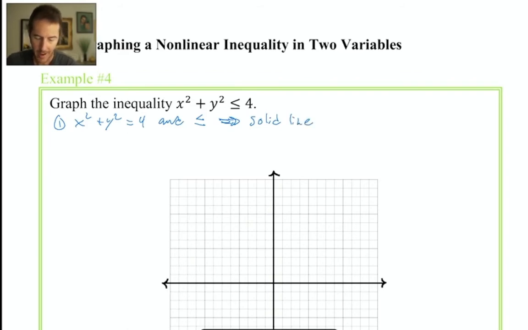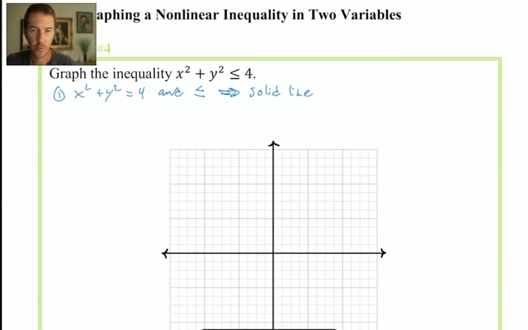And we want to graph x squared plus y squared equals 4, and we're going to graph it with a solid line. That's the equation of a circle with a radius of 2. This is a squared plus b squared equals c squared. It's the Pythagorean theorem, essentially. And when we graph it, c squared being 4 means that c is equal to 2.